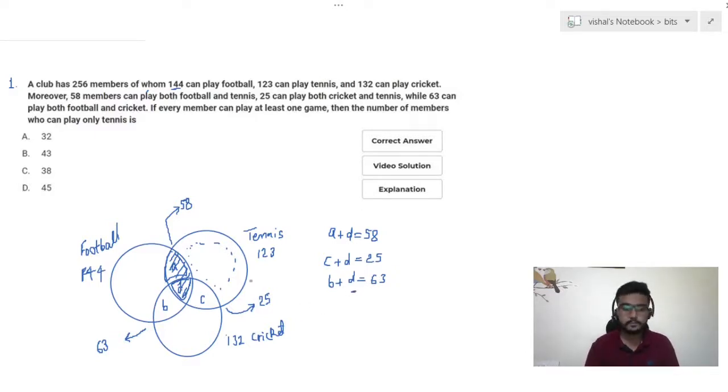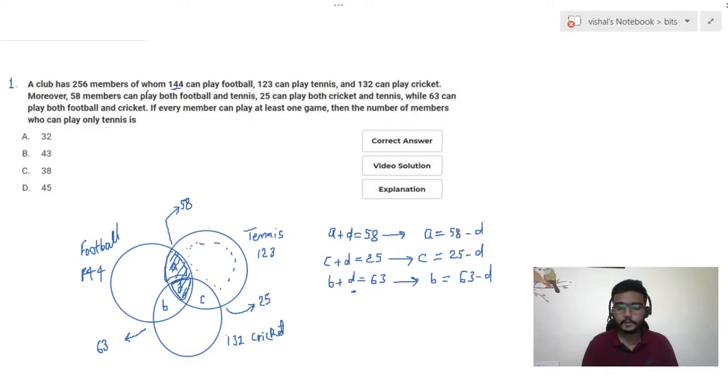So now A can be written as 58 minus D. The second term C can be written as 25 minus D, and the third term B can be written as 63 minus D. That means we can substitute here.